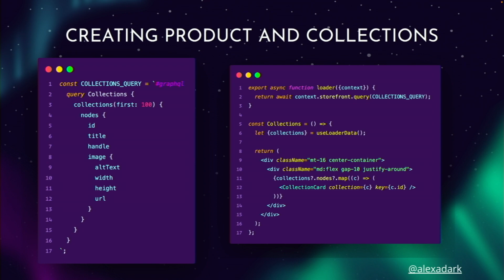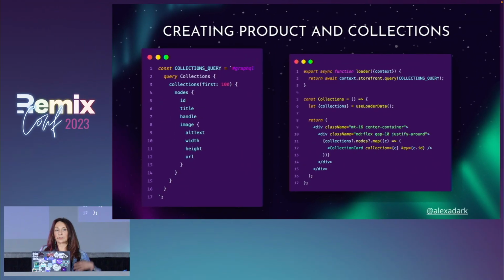Then I pass this query in my loader in context.storefront.query. And from there, I load my data from my collection. I retrieve this data with useLoaderData in my component, and then I map over my collections and display a collection card component. And same principle for the products and the collection details that you can explore in the repo.